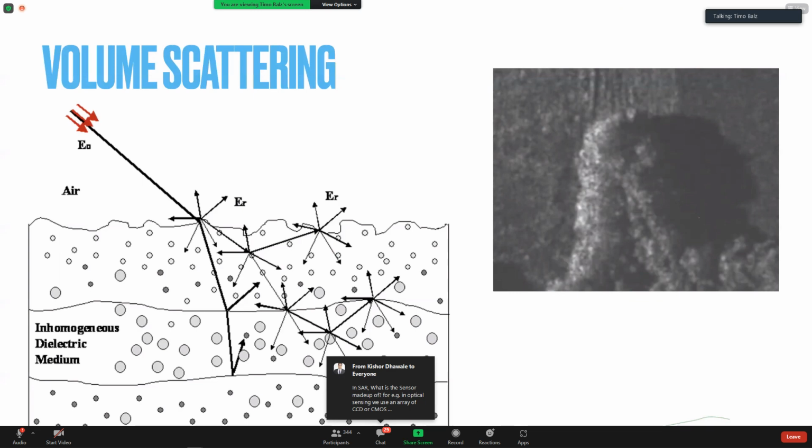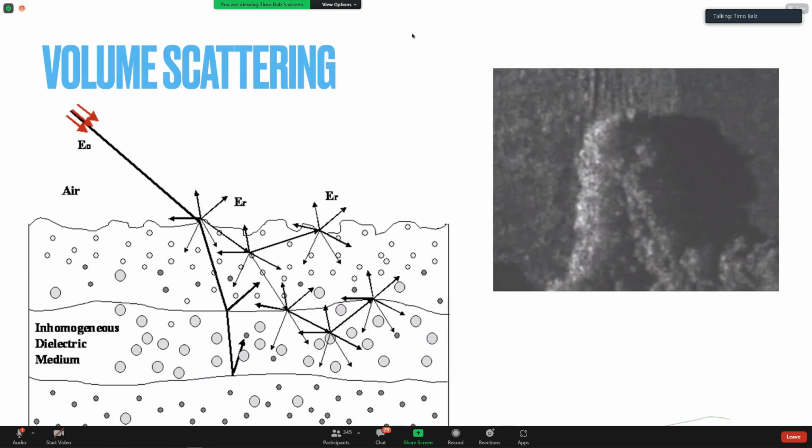Then we have volume scattering. Volume scattering is when your SAR signal is penetrating the material. For example, if you have a forest canopy, the signal is going into that canopy, going inside.